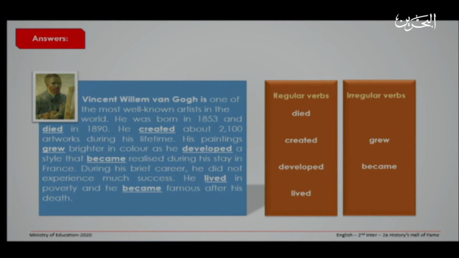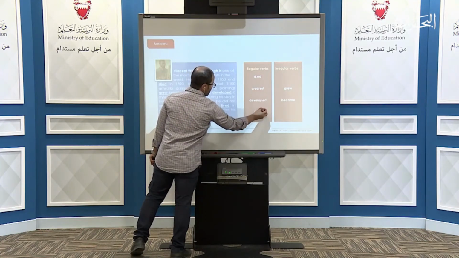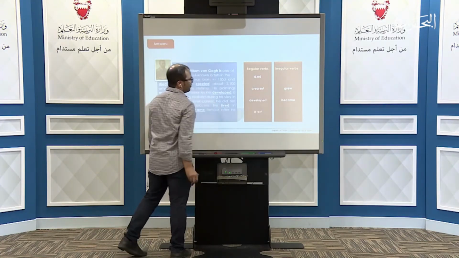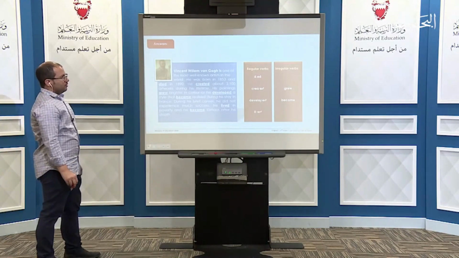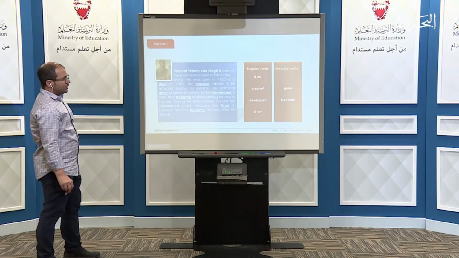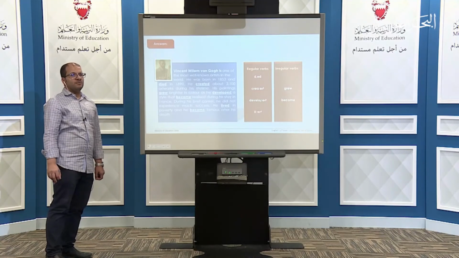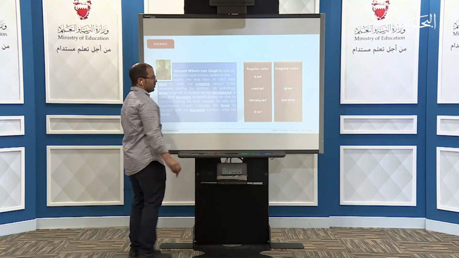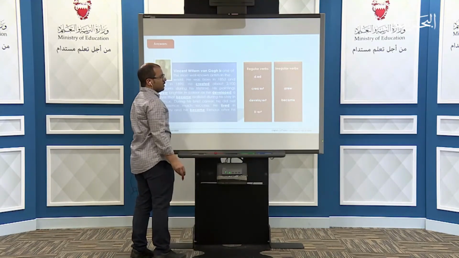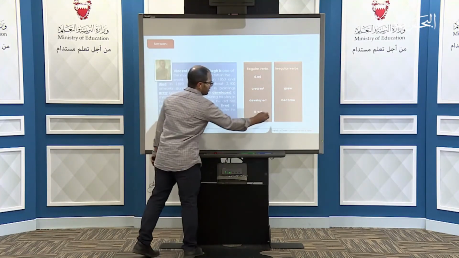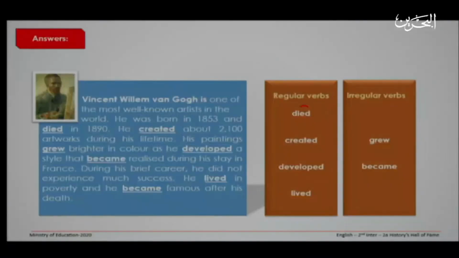Because we have ed at the end of each verb in the past tense. Whereas the irregular verbs in this passage are only grew and became. Grew is the past simple of the verb grow, and became is the past simple of the verb become.